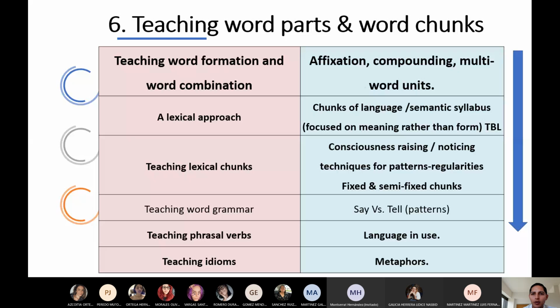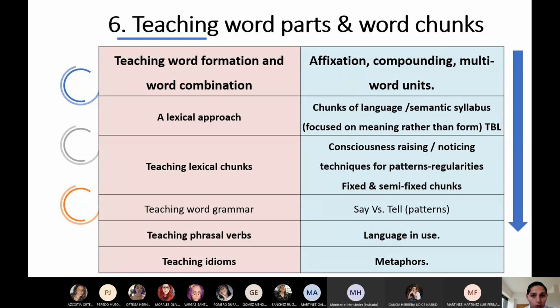Now, teaching word parts and word chunks. Teaching word formation and word combination. You can make use of affixation, compounding, that is suffixes, prefixes, compound nouns, multi-word units such as irreversible words, idioms, even phrasal verbs.